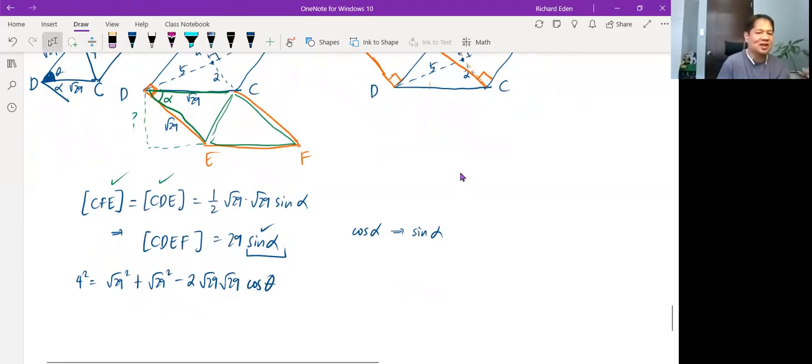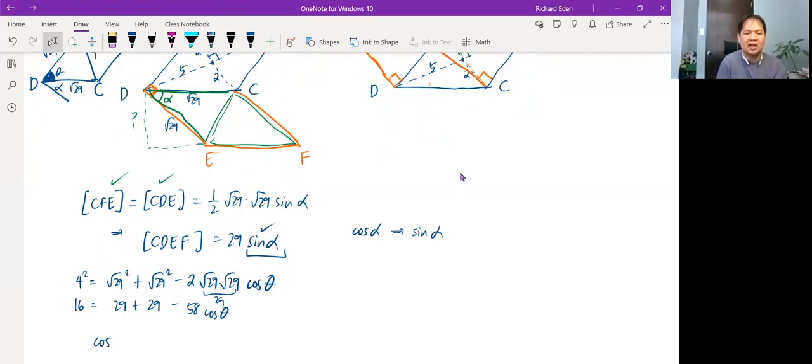So we can solve for cosine theta. So this is 29. So we have 58 cosine theta. So that means cosine theta is equal to 58 minus 16 over 58.